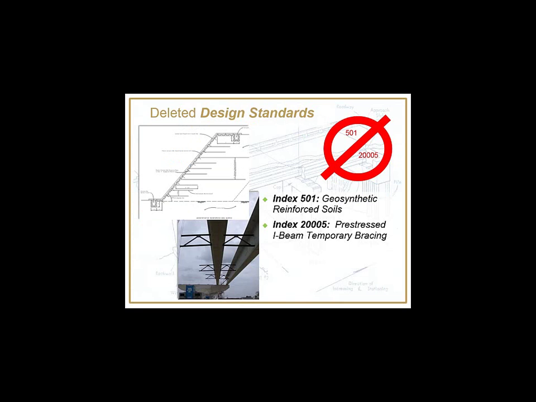Moving to the standards that were deleted this year, Index 501, last year they removed the material requirements for the geosynthetic materials, which was actually moved to the APL and specification 985. And then Index 20005 is the temporary bracing for pre-stressed beams. There will be a temporary design bulletin coming out probably early next week, maybe Friday, but more likely early next week, describing the new process for designing that.